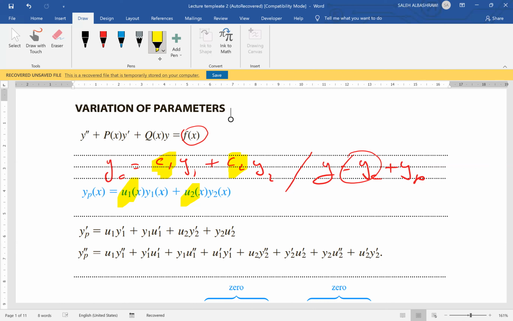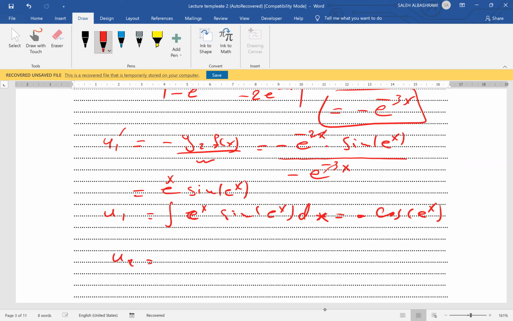Now u2 prime is equal to y1 f of x divided by the Wronskian. y1 is e to the power minus x, multiplied by sine of e to the power x, divided by minus e to the power minus 3x.